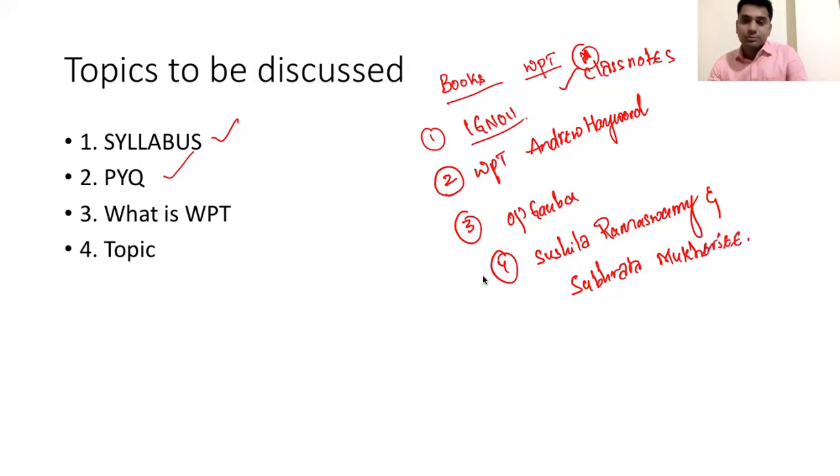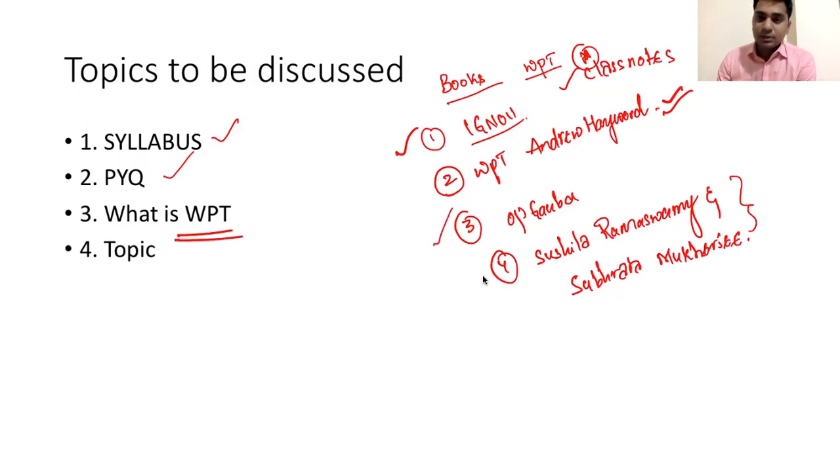These are the basic books that you can refer. But again, what I say: Igno is okay, O.P. Gauba is okay, Andrew Heywood is okay, compared to Sushila Ramaswamy and Subrata Mukherjee. You can refer to these books for your references. If I have any other thing, I will be sharing now and then.